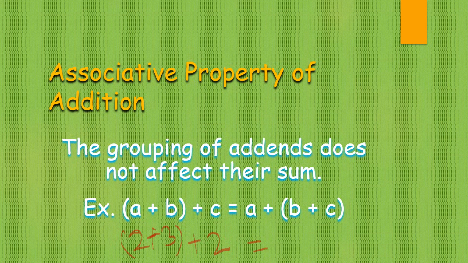What you get when we write as 2 plus in bracket 3 plus 2? What we get? That is 7. In both cases, that is called associative property of addition.